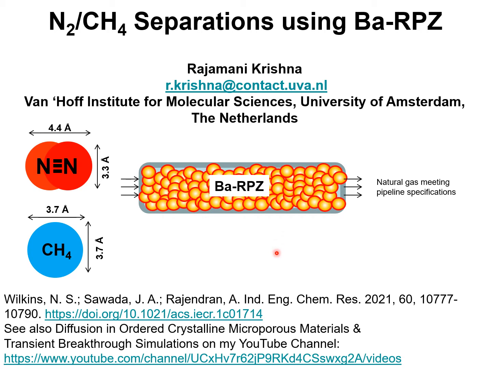The objective of this presentation is to examine the mixture separation characteristics of Barium-RPZ using the Maxwell-Stefan diffusion model. I demonstrate the occurrence of uphill transfer of nitrogen and transient overshoots during mixture uptake.